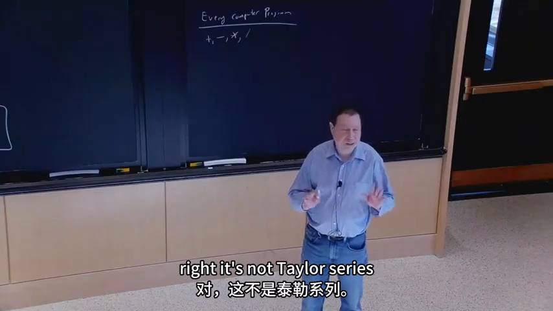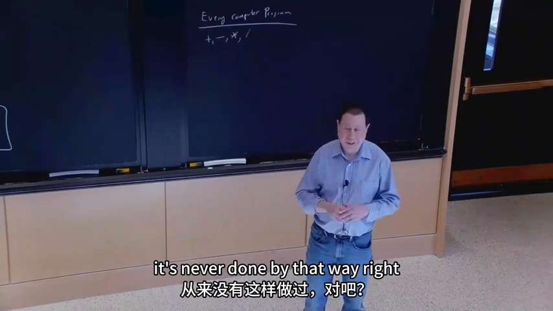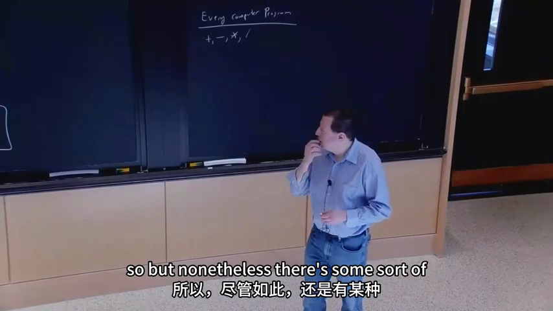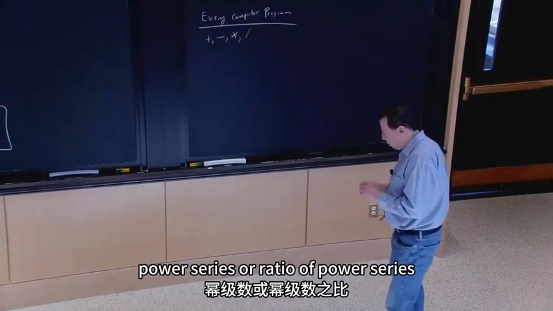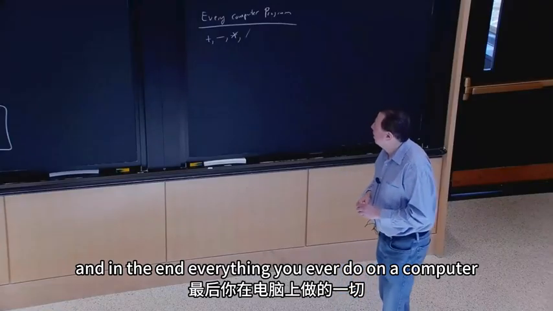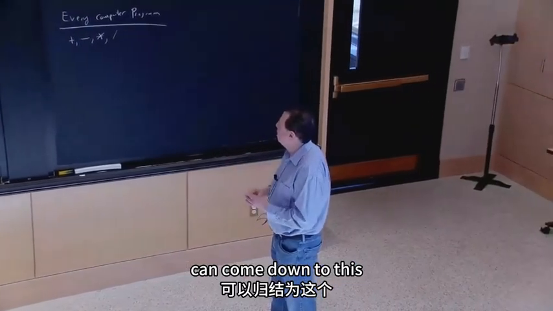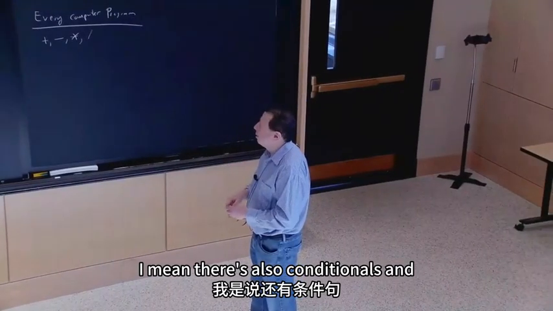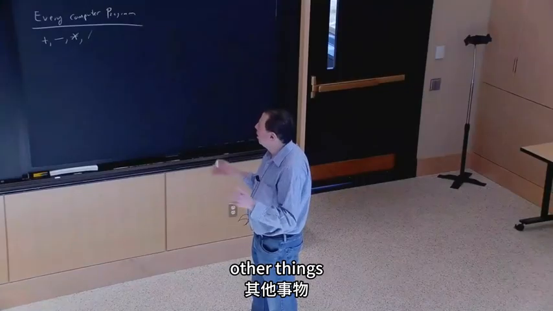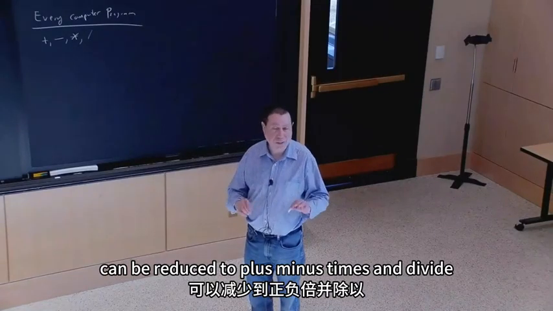It's not Taylor series, I don't care what your calculus teacher told you. It's never done that way. But there's usually some power series or ratio power series somewhere in there, and in the end, everything you do on a computer comes down to this. There are also conditionals and other things, but all the arithmetic operations can be reduced to plus, minus, times, and divide.